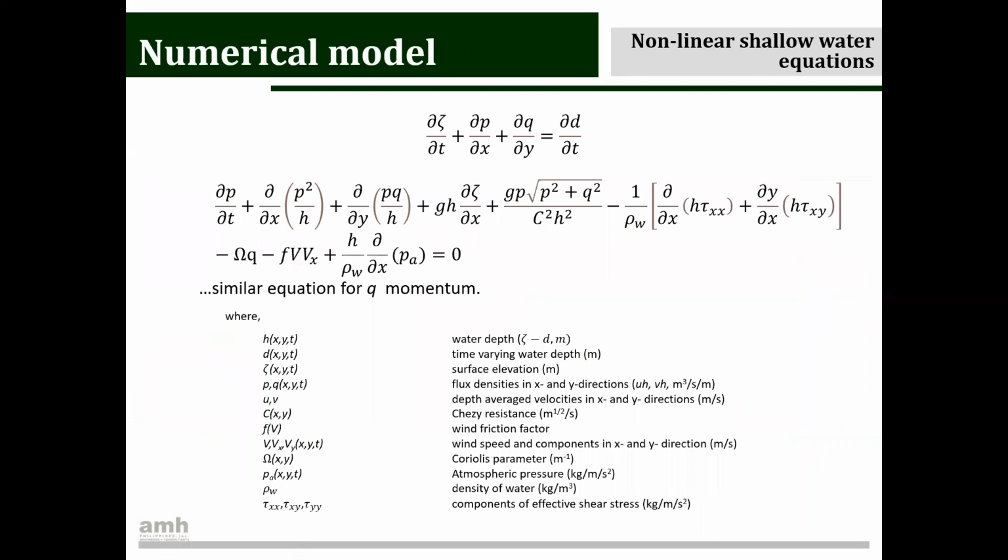To determine the wave climate, we employed a hydrodynamic model in the regional domain to provide boundary conditions for water levels and currents. Here are the governing equations, the nonlinear shallow water equations of mass continuity and momentum. The dependent variables are zeta, the sea surface displacement, and P and Q, the Cartesian components in the horizontal plane.